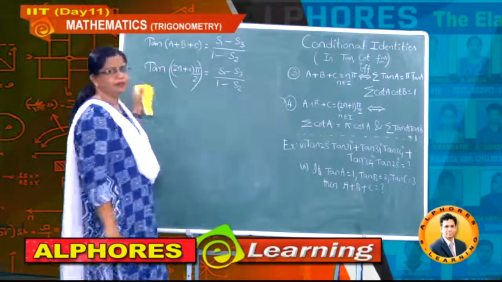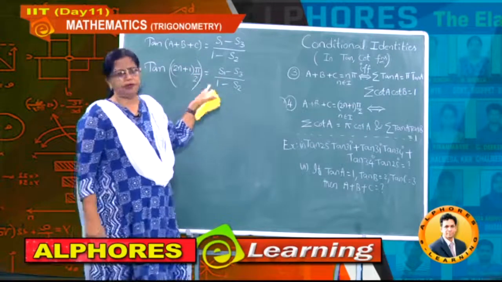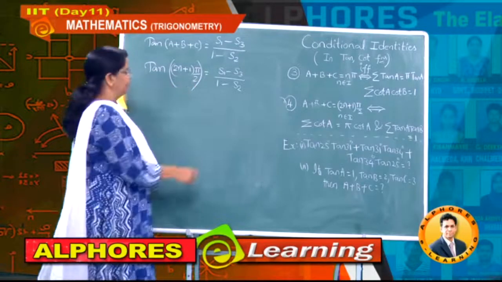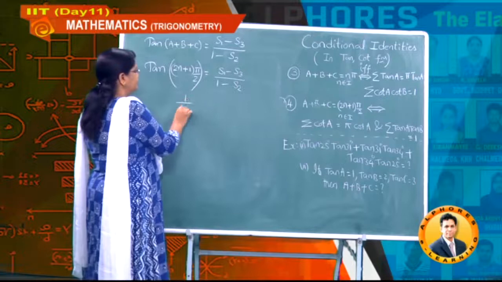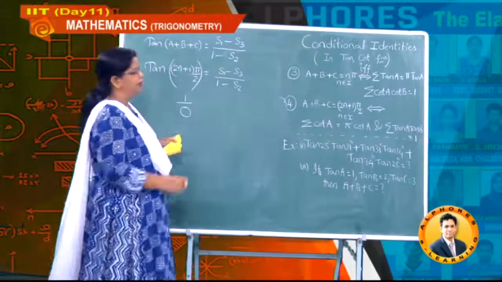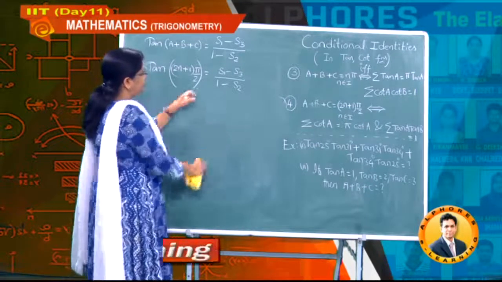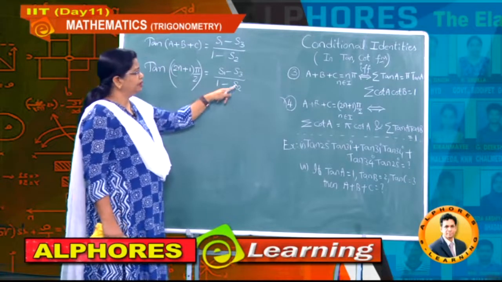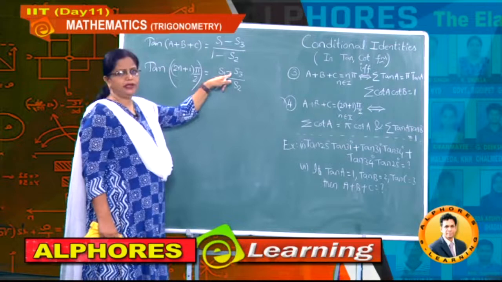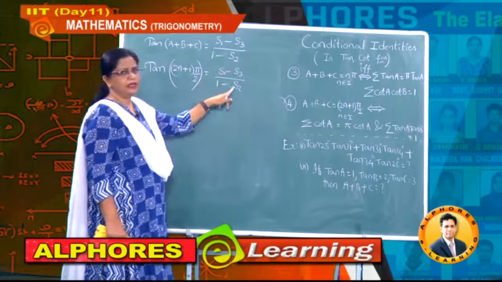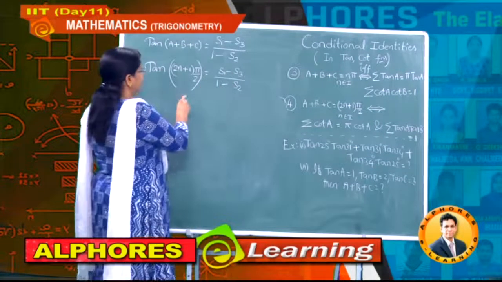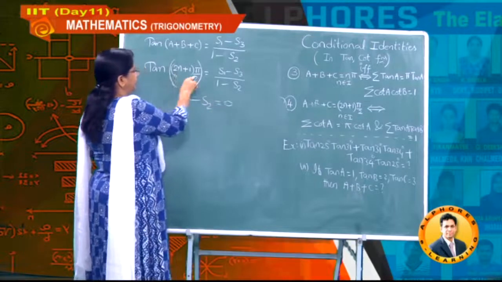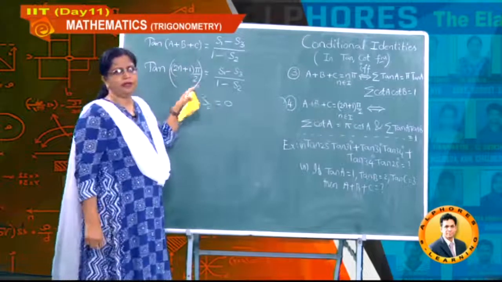Got it, students? Now what is happening here? This is odd multiple of pi by 2, which means undefined. Undefined means, suppose I write 1 by 0, the denominator has to be 0. When the denominator is 0 and the numerator is not equal to 0, then it is undefined. So 1 minus S2 has to be 0 for tan of an odd multiple of pi by 2.